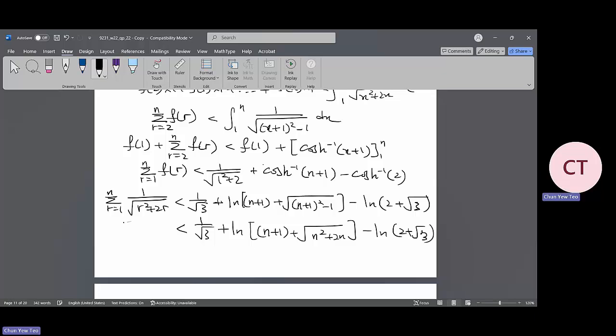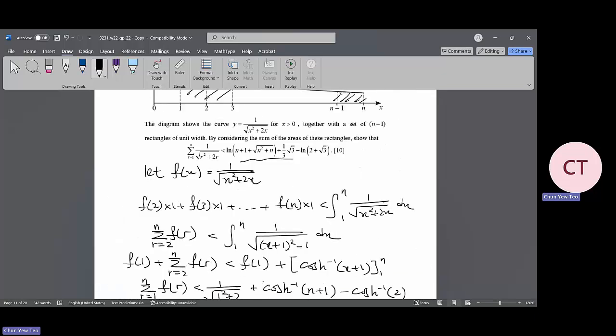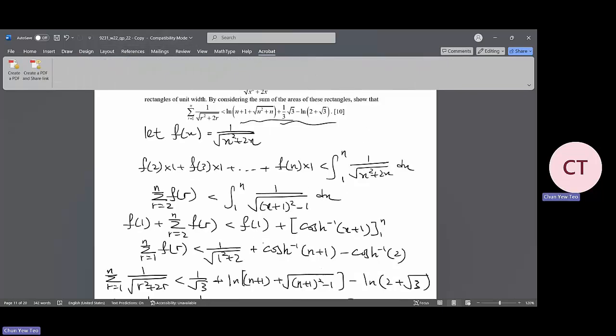I don't plan to combine them because the expression shown doesn't require you to combine them together. So is it the same? Yes, exactly the same. Okay, shown. So done.